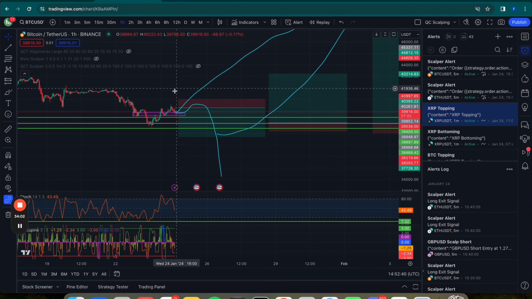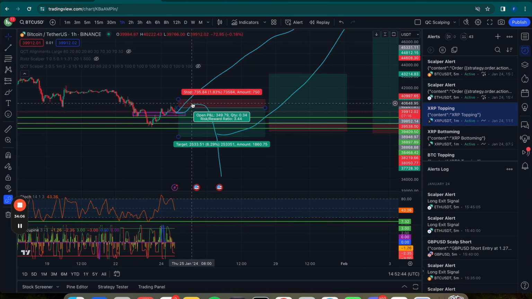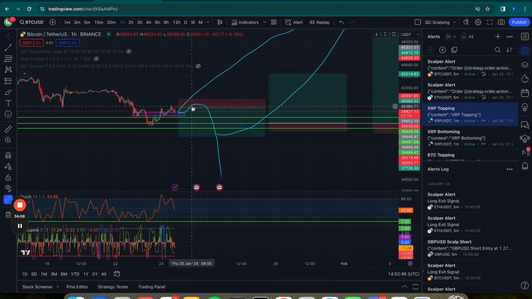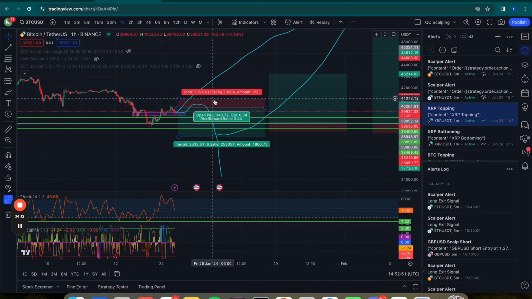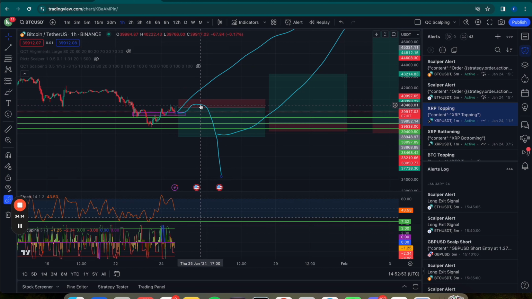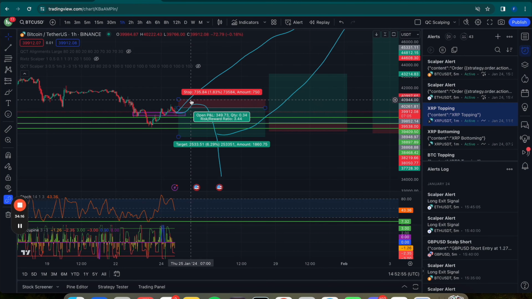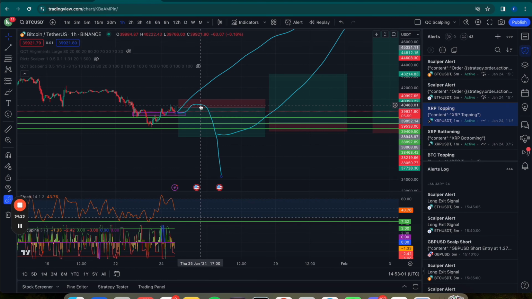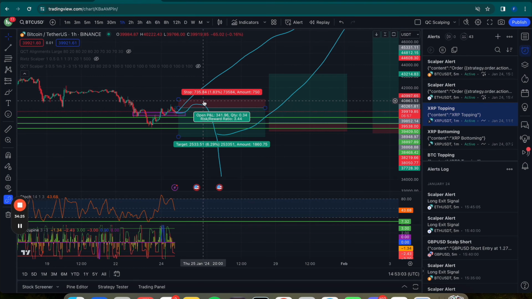If we do go to the upside right here and fill the shorts, see how I'm looking at not one entry price, but I'm pointing at the red area of the trade where I want to enter, right? It's an area, it's not a single line. There's going to be a grid of orders.